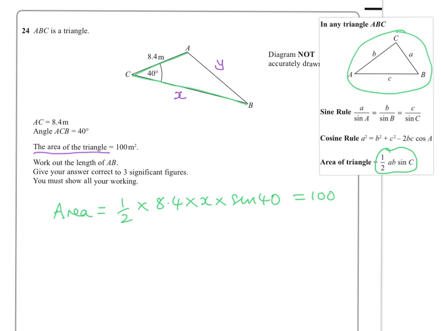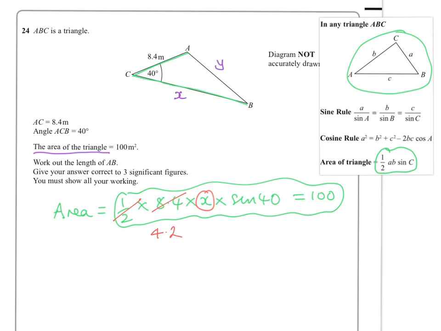So we have some kind of relationship with one unknown, which is x, which is good. I'll clear that up, and I would get a situation where the area 100 would be a half times 8.4. You can do all of this on your calculator, it's really no problem. I'm going to keep the sine 40 as it is, and I'm just going to put the x at the front.